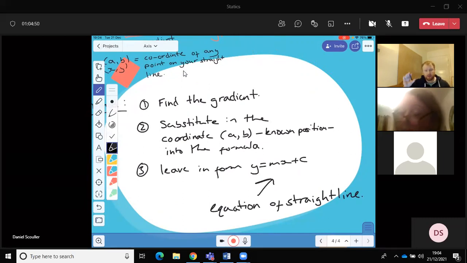Find the gradient, substitute in the known coordinate into the formula, and then leave in the form, so we need to rearrange it in the form y equals mx plus c. So let's look at an example of that.